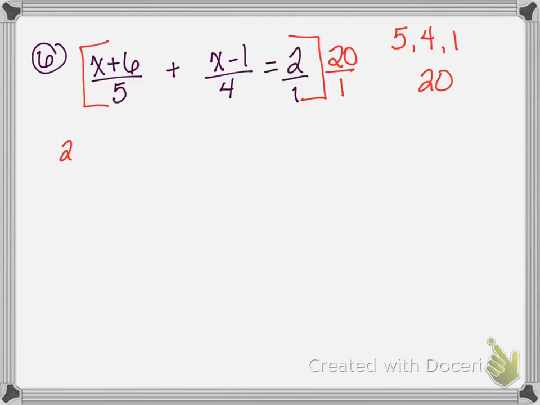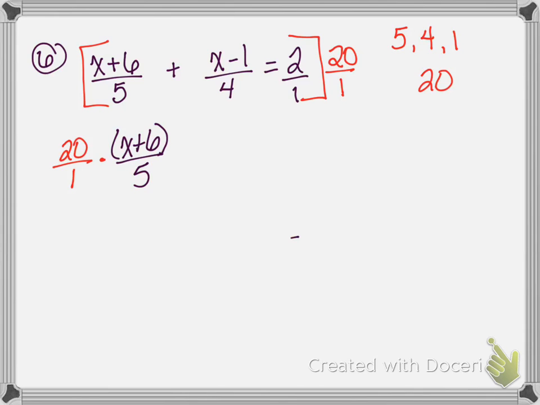So I have 20 over 1, and I am multiplying that times x plus 6 over 5. And I am going to put that x plus 6 in parentheses, okay? Because we're going to have to distribute something. We don't know what we've got to distribute yet, but we're going to have to distribute something.